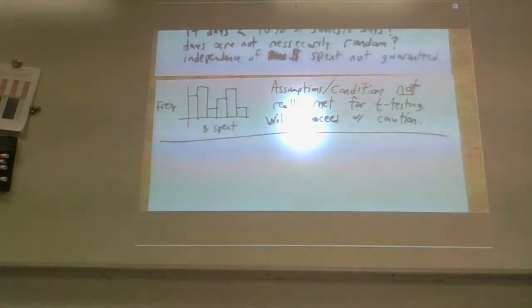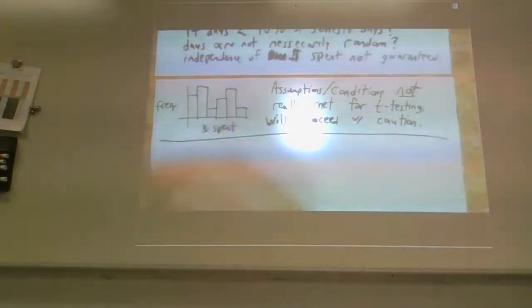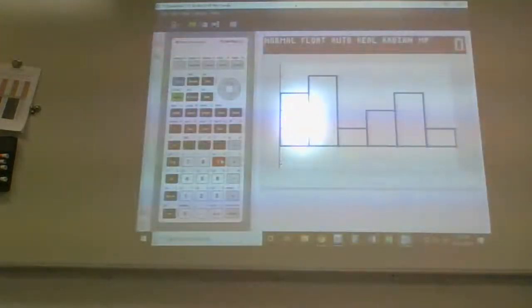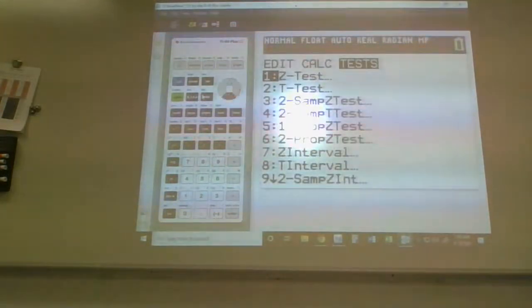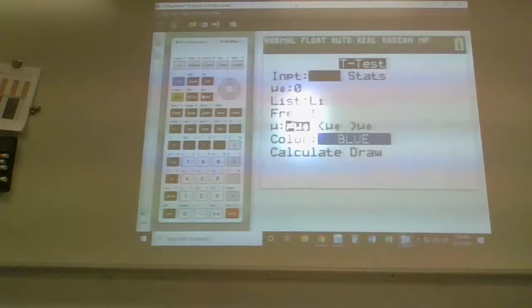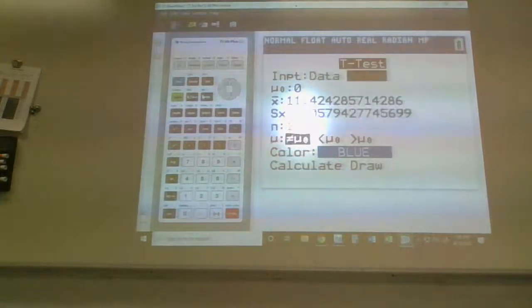So we are going to perform a t-test. Let me go back to my calculator real quick. Stat, tests, t-test. Instead of doing data, I'm going to input it as stats, just for the fun of it. If you had run the 1-var stat, your x bar and your s should already be there.